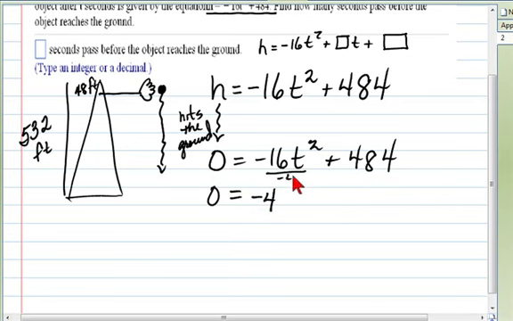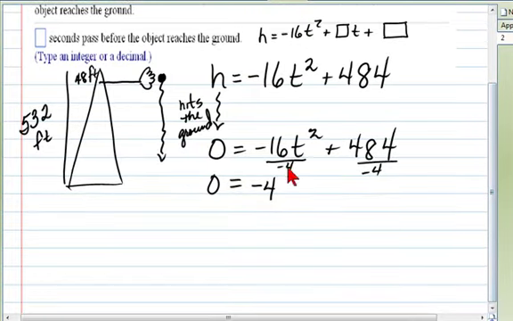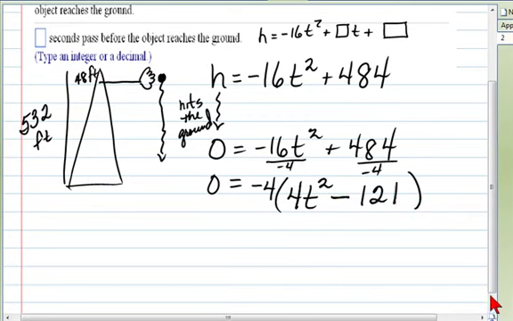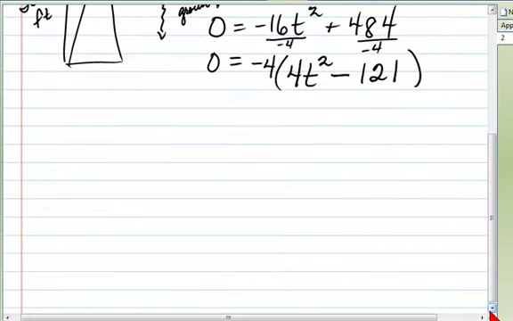So I'm going to divide by -4 and divide by -4. -4 goes into -16, +4 times, and there is still a t squared. -4 goes into 484 minus 121 times. Is that okay? I took out the negative because I am not allowed to leave the leading term as a negative. I took out the 4 because that's the greatest common factor.